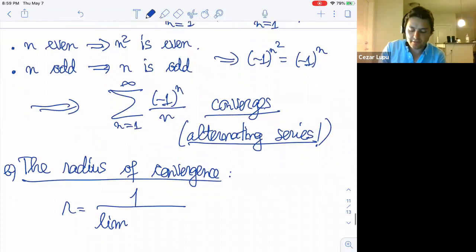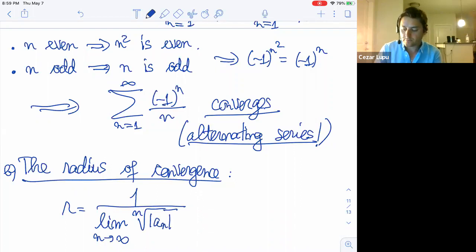It's in fact lim sup, but anyway, let's just write it like this: the absolute value of an, to the power 1 over n, where in our case an is 2 to the power n squared over n. In fact, we should be a little bit careful here.